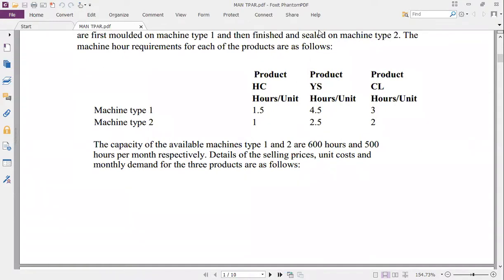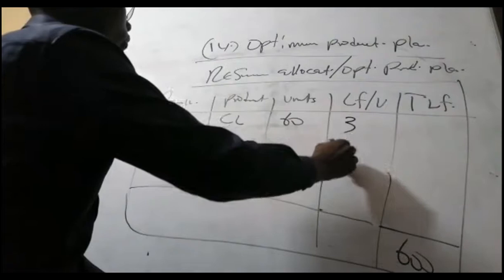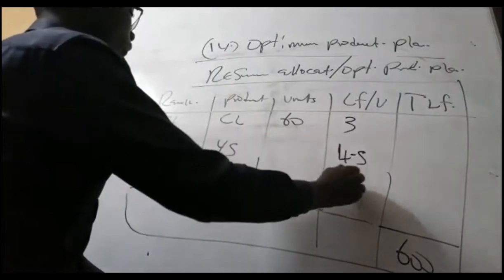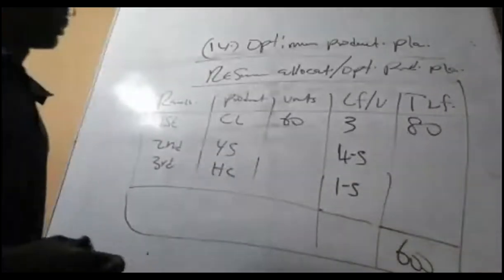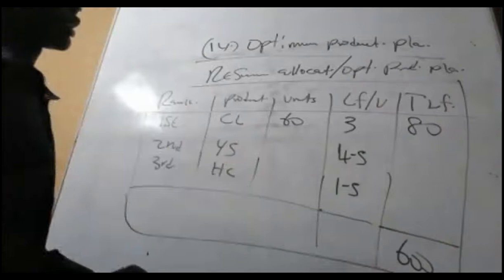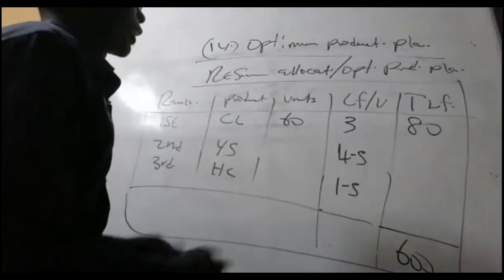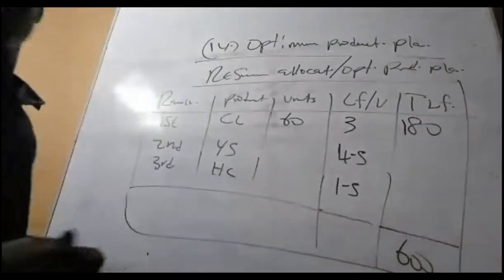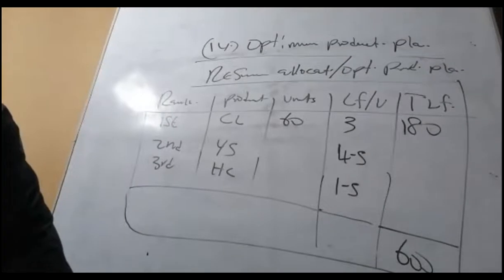This one is coming from the back, so it must be 3, 4.5, and 1.5. So 60 by 3 will give us 180. We spent 180 already out of 600.